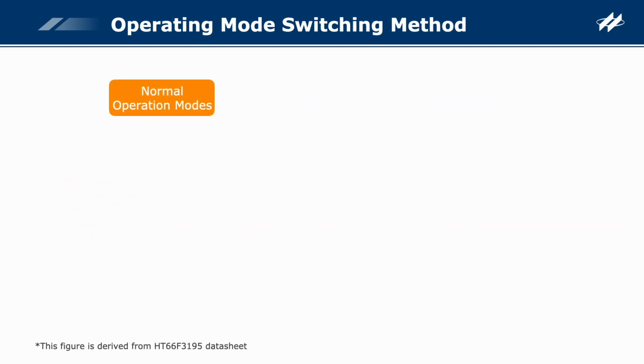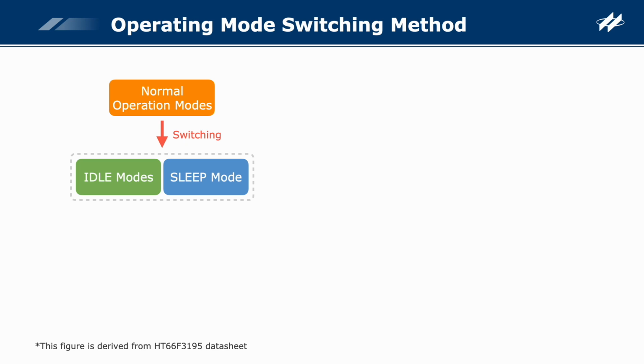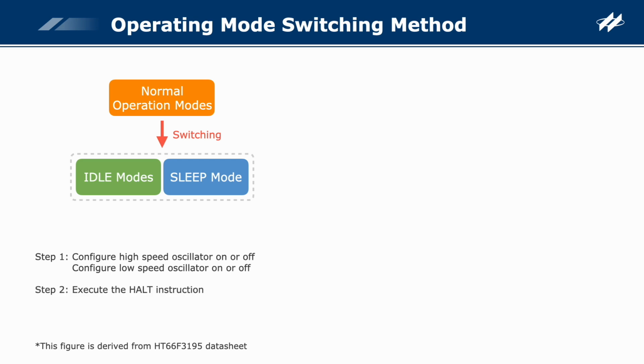Let's first introduce the method of switching to the idle or sleep mode during the normal operation. Just mentioned, users need to configure the high or low speed oscillator on or off before executing the halt instruction. So how do we control the high or low speed oscillator on or off in the idle or sleep mode?